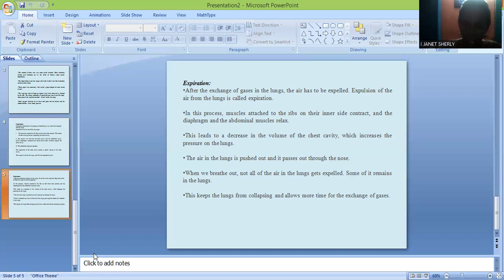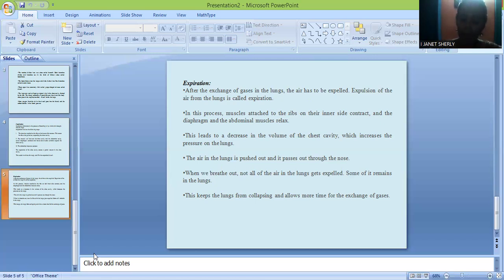So when we breathe out, of course, not all the air in the lungs will get expelled. Some of the air will remain in the lungs. And this keeps the lungs from collapsing and allows more time for the exchange of gases. So this is purely the process of expiration.